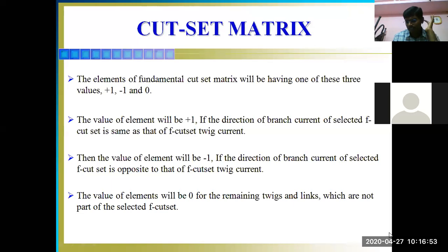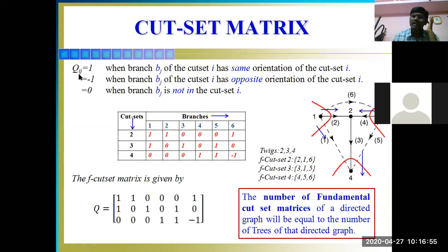So we can write these 3 points like this. Qij, i is the cut set, j is the branch number. Qij is equal to +1 when branch bj of cut set i has the same orientation as cut set i; -1 when branch bj of cut set i has opposite orientation to cut set i; and 0 when branch bj is not in cut set i.